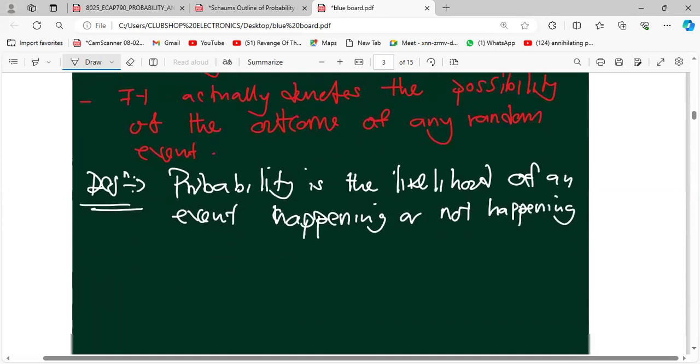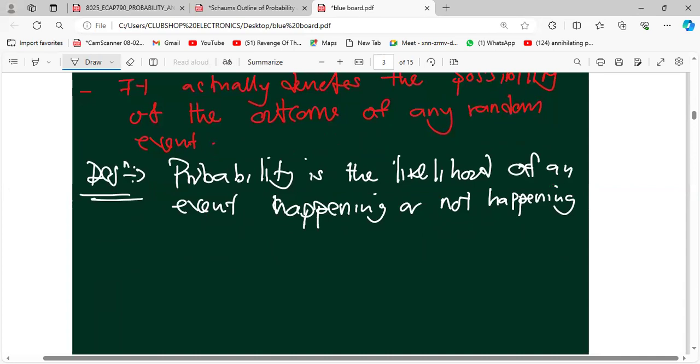So that is probability. It actually measures the certainty of an event to happen or not happen.